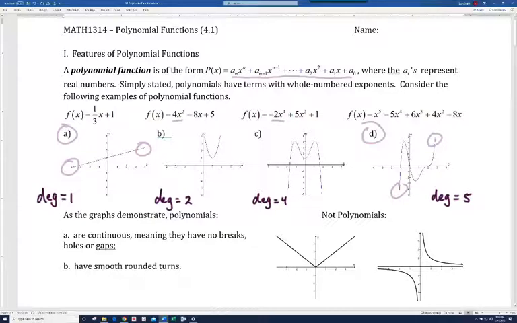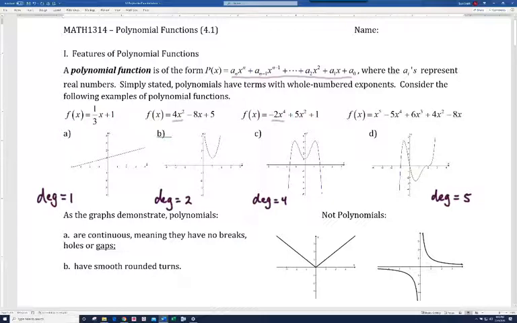And so it turns out there's a nice pattern here. Now if you look at B and C, you can see these are both even degree. And if you look at the end behavior on these, something different is happening. The graph's either rising on both ends or falling on both ends. And so you might guess at what's going to be our generalization here. So let me get rid of all these marks.